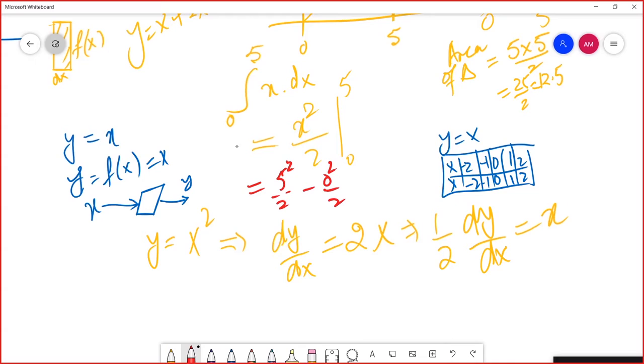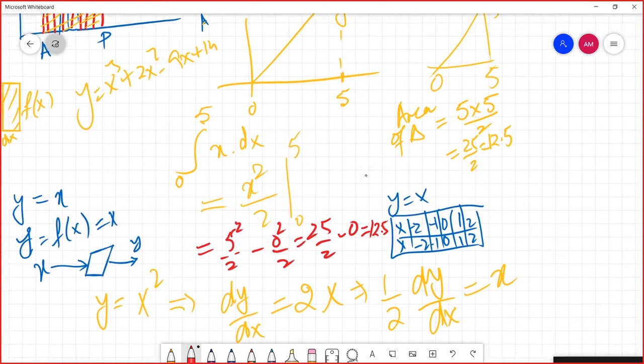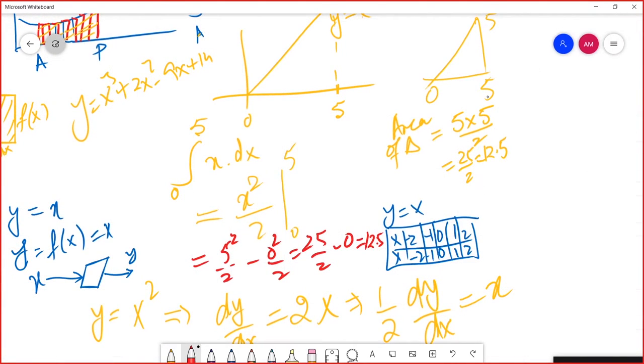Do you understand this? And what does this mean? 25 over 2 minus 0, which comes out to be 12.5. And this was the answer which we got here by a simple area of a triangle. The anti-differentiation has also given us the same value.